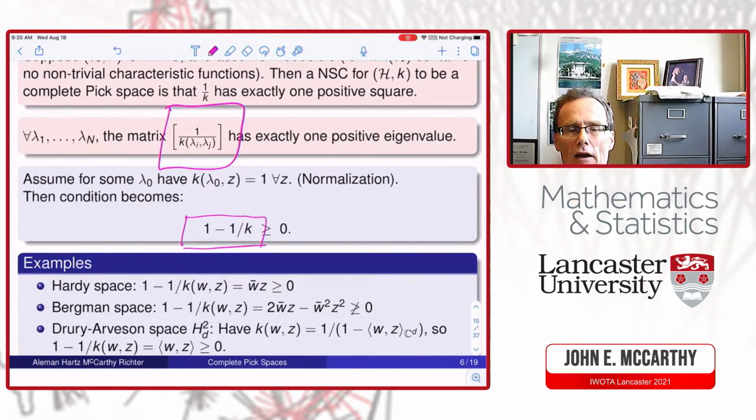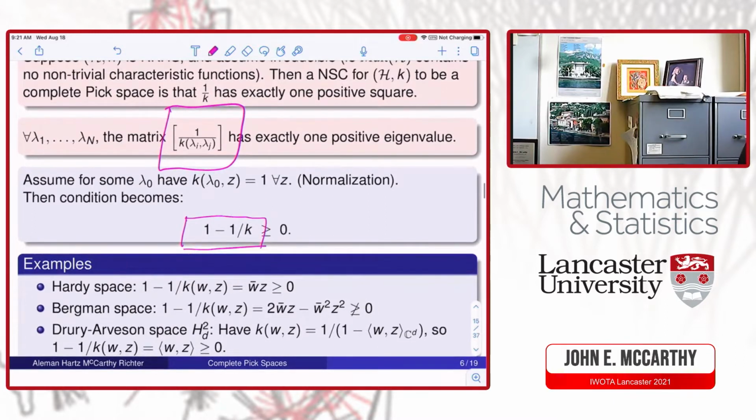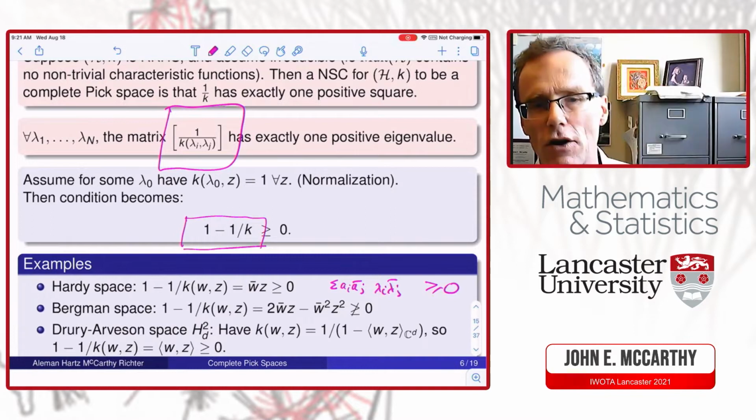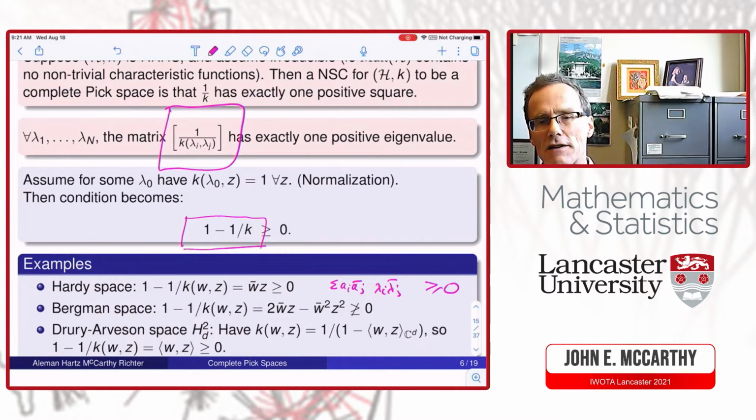So saying this is positive semi-definite says that for any choice of lambda i's, if I look at the sum of ai aj bar times lambda i, lambda j bar, that's always going to be positive semi-definite. And that's obvious because it's just the sum of ai lambda i, modulus of that squared.